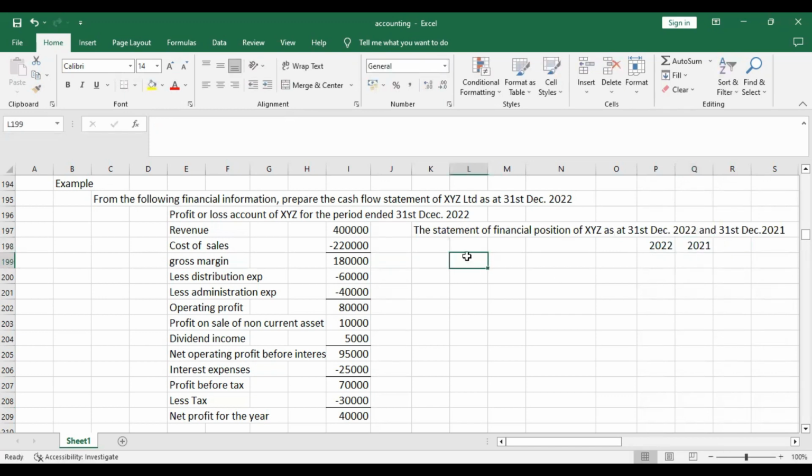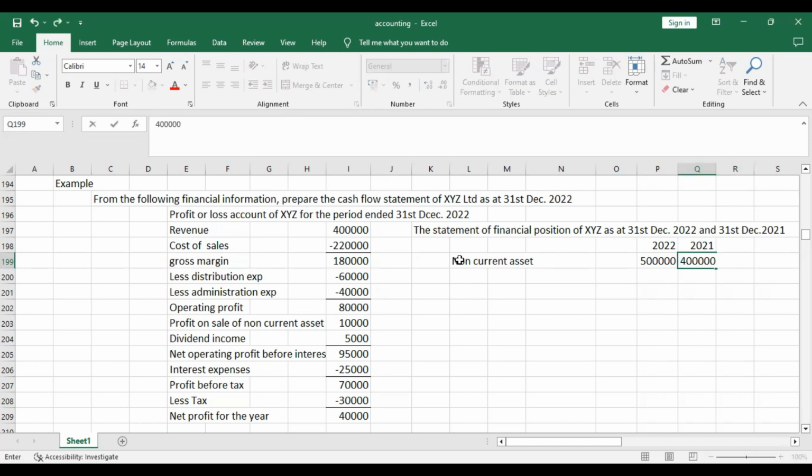First one is non-current assets. Assume it is 500,000, and in the case of 2021 it is 400,000. These are non-current assets at cost value.